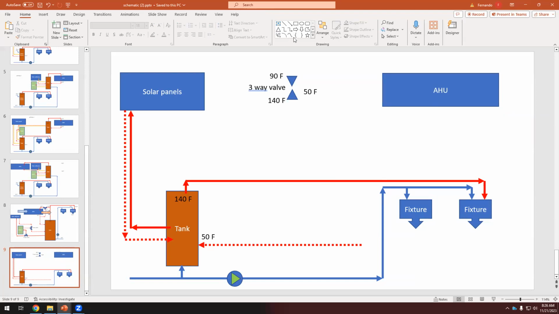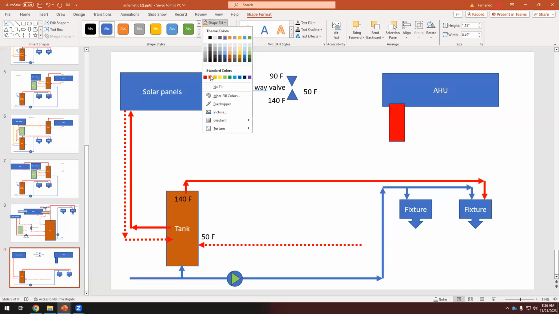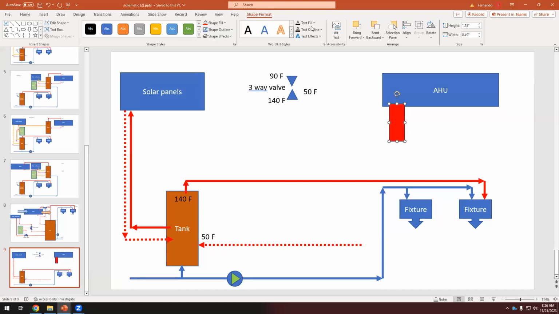And what we have here, we have ducts. So we have a supply duct connected to a supply diffuser. I'm going to make it red, and there will be a supply diffuser.